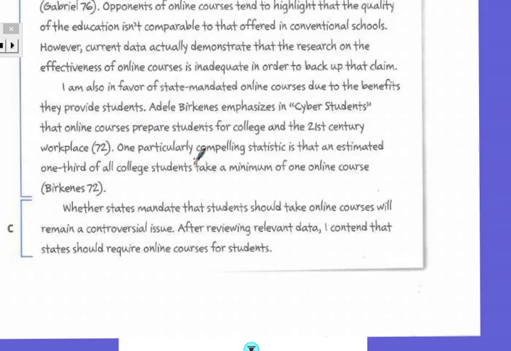One particularly compelling statistic is that an estimated 1/3 of all college students take a minimum of one online course. Whether states mandate that students should take online courses will remain a controversial issue. After reviewing relevant data, I contend that states should require online courses for students. And this is your conclusion.